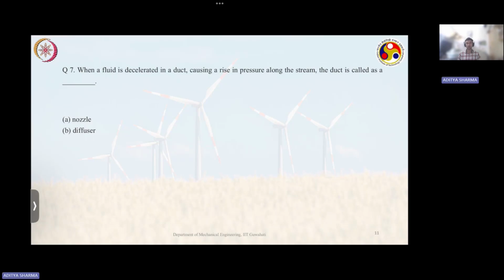In nozzle action, your pressure will drop, the expansion will take place. And in diffuser action, the pressure will rise, that is, compression will take place. So the correct answer to this question is diffuser, okay, diffuser action.